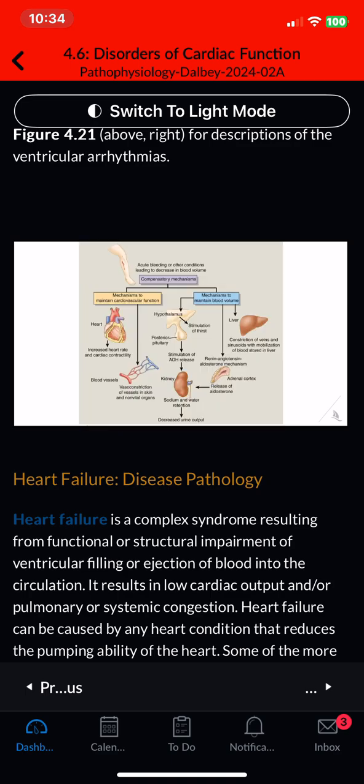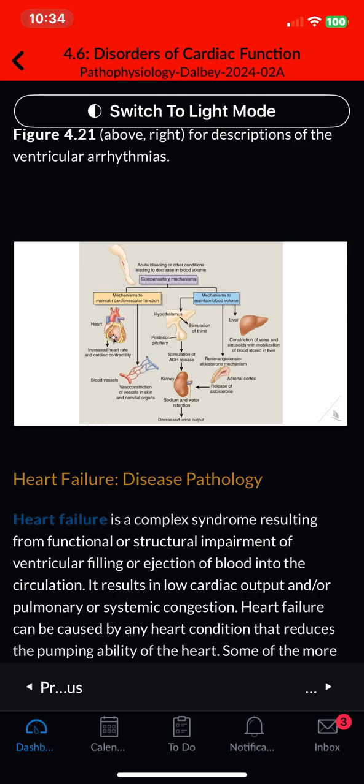So here we can sort of see the compensatory mechanisms for hypovolemic shock. So there's acute bleeding or something that's going to lead to a decrease in blood volume. So the body is going to try to work to stabilize and bring that blood volume back into homeostasis.